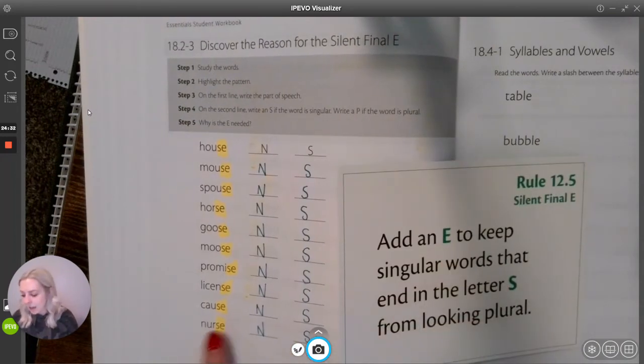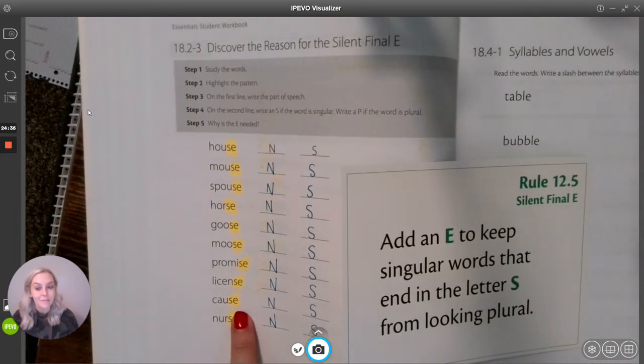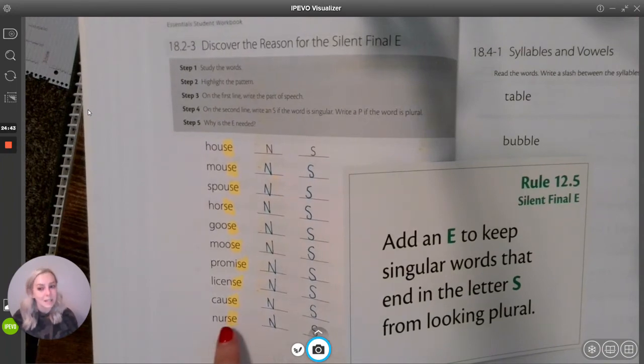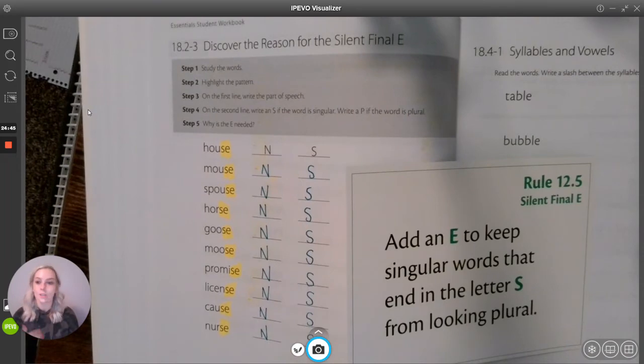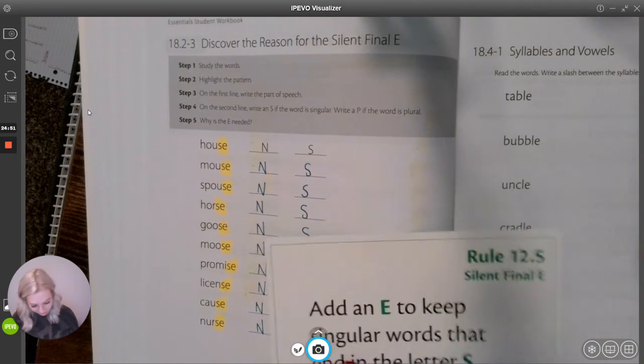Right? If we didn't have the E, because it ends in an S, it might look like a plural word. But because it has the E, we know that it's a singular word. So it's kind of a trick just to help us as humans not get confused about that. Okay.